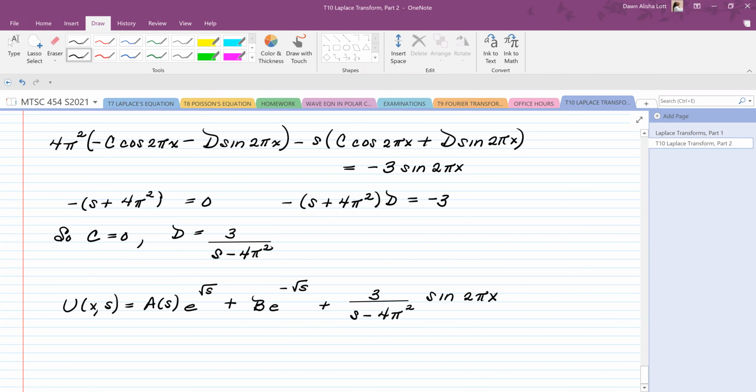So now let's apply the boundary conditions. That u of 0 and s equal to u of 2 and s equal to 0. And when you apply those and do the algebra, you just get a and b turn out to be 0.